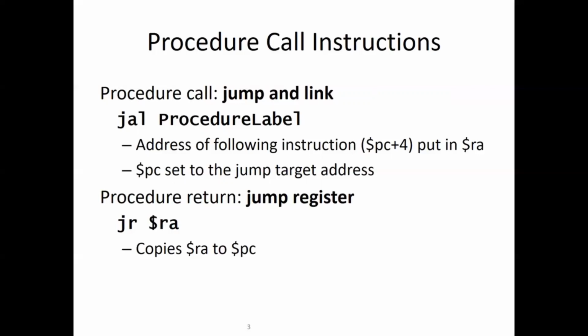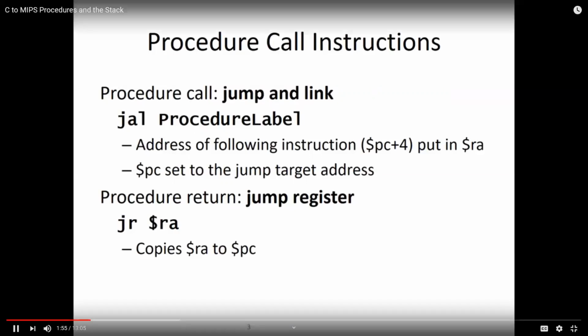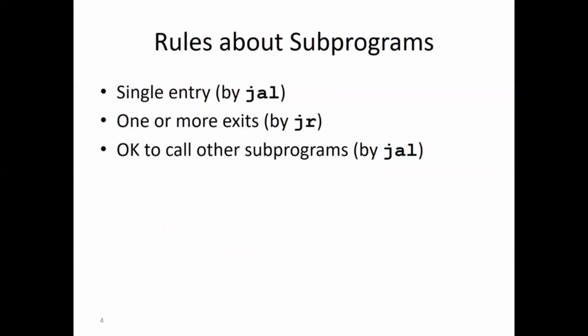Returning from a procedure uses the JR instruction, which stands for jump register. By specifying $RA as the source operand, the jump register instruction will copy the return address into the program counter. Program execution will then resume at the original PC plus 4 from the jump and link instruction.